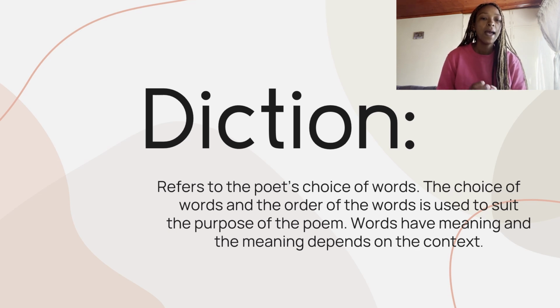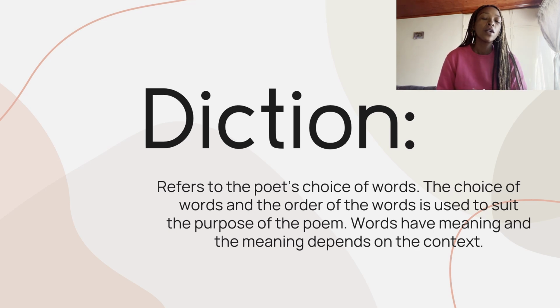Words have meaning, and the meaning depends on the kind of context used. So in the use of words, you need to understand why the poet would have chosen the kind of words in that scenario.